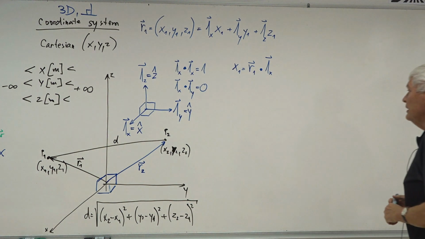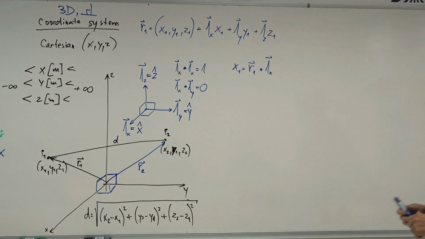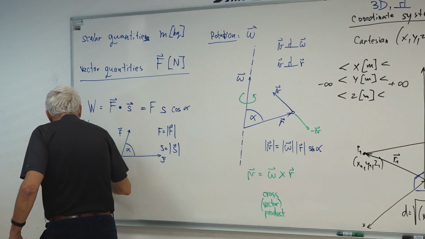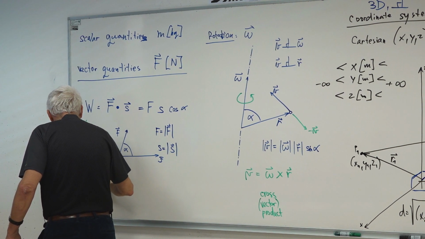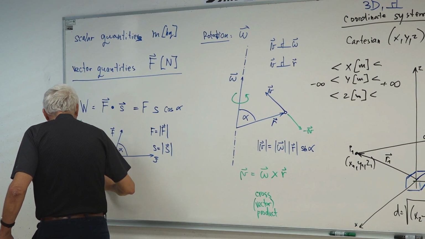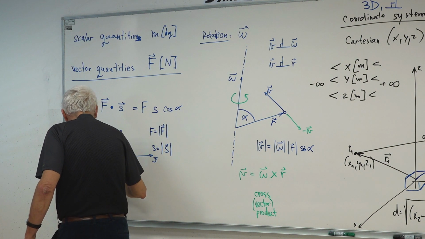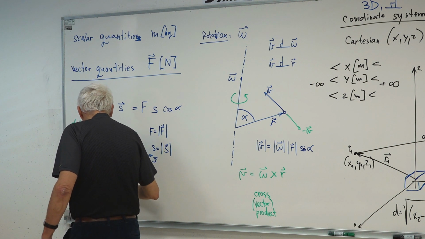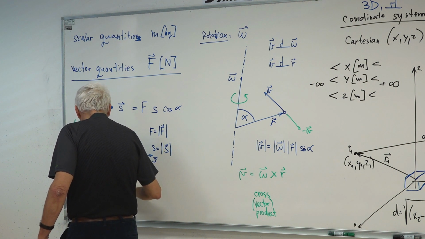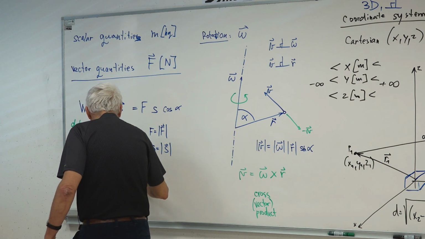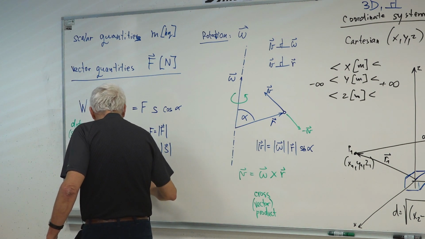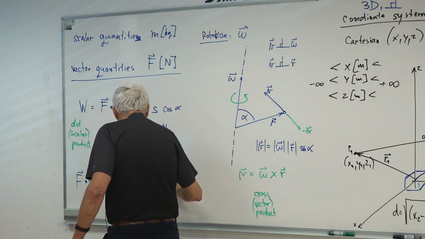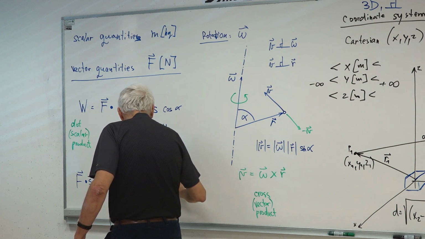Very simple to calculate. And we can also see how we calculate the dot product. So F dot s is simply Fx, the x component of the force, multiplied by the x component of the travel, plus the y component of the force times the y component of the travel, plus the z component of the force times the z component of the travel.